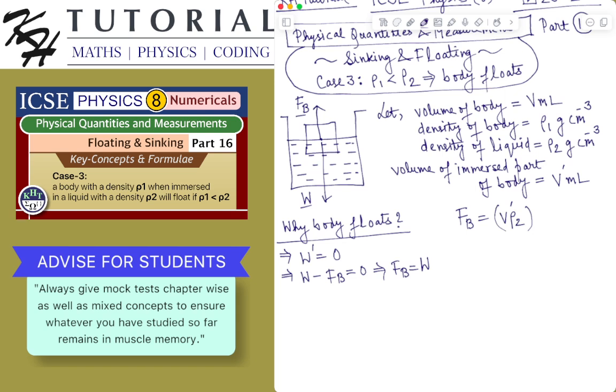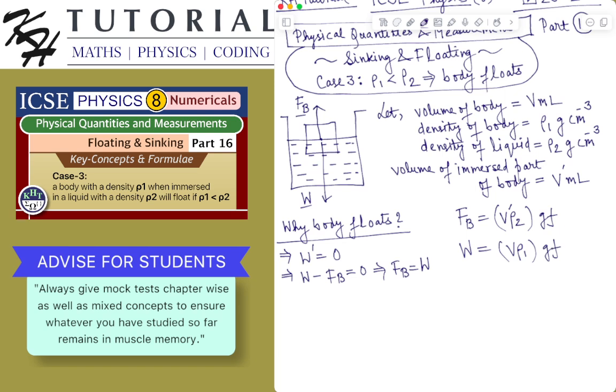So the buoyant force, which is equal to the weight of the displaced liquid, will be V dash ρ2 gram force. And what is the weight of the body? We have assumed V ml to be the total volume of the body, and ρ1 gram per centimeter cube is its density. So the mass of the body is volume into density, that is V ρ1 gram. So we can say that the weight of the body is V ρ1 gram force.